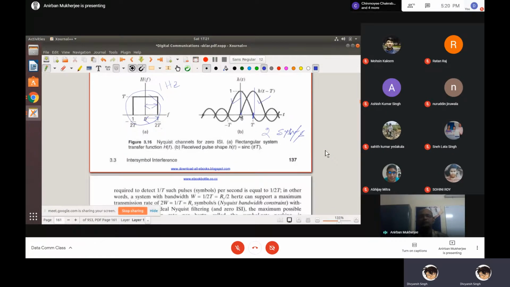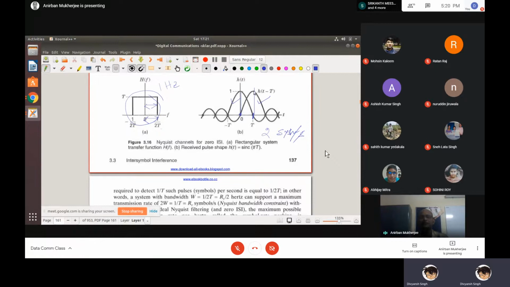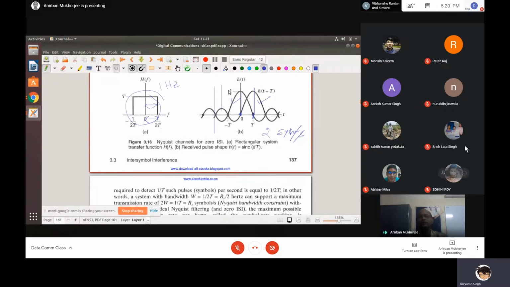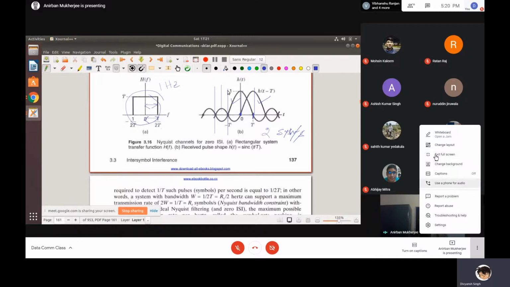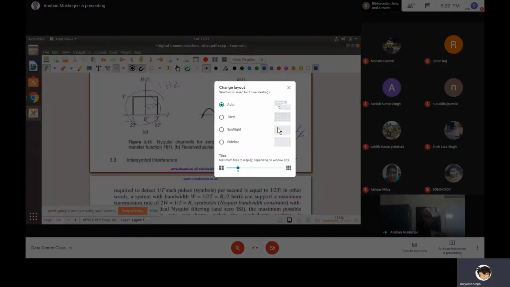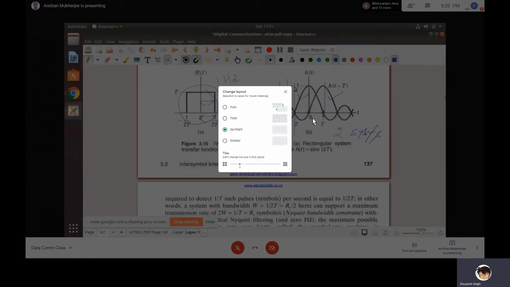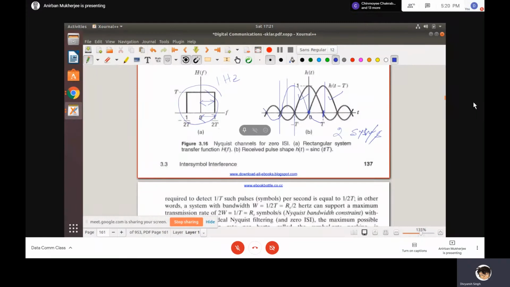No other pulses are present, because the other pulses have zero crossings there. So that is fine. If I just send that sinc pulse, it is fine.